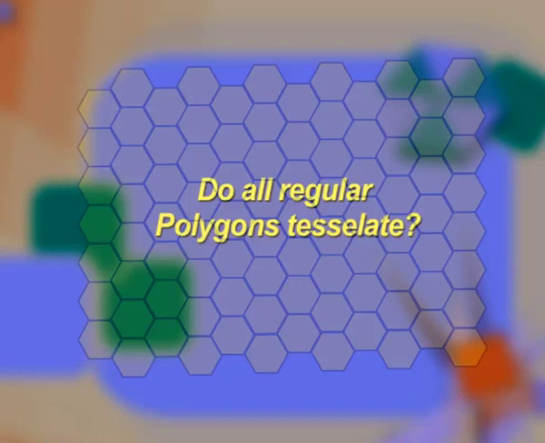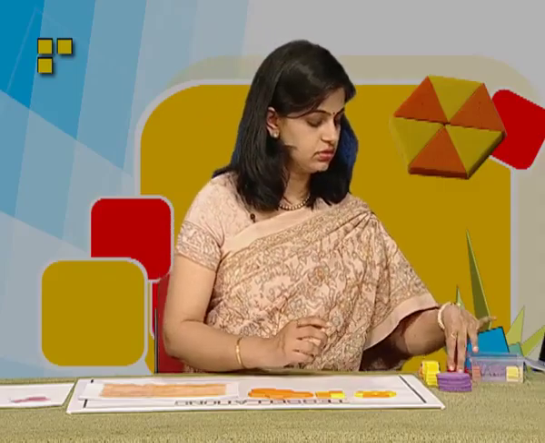So, friends, after having explored these tessellations, the next natural question that arises is, do all regular polygons tessellate? Let us try to do the same thing with the set of pentagons next.